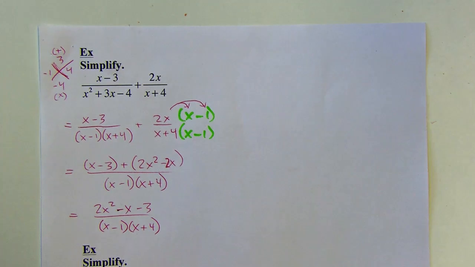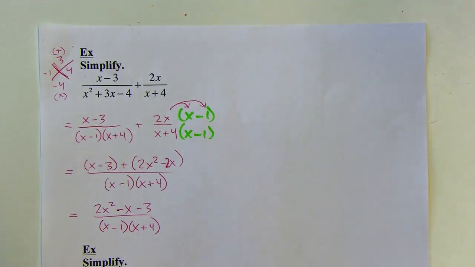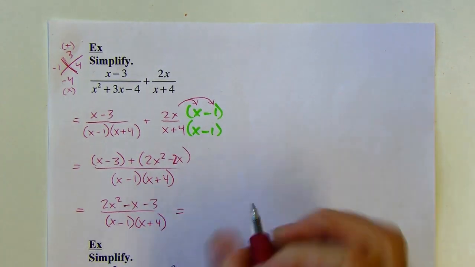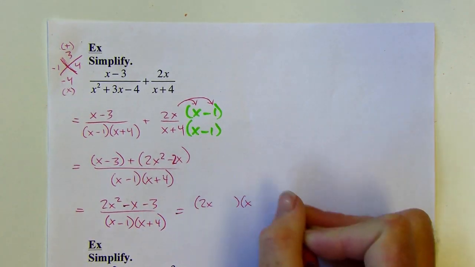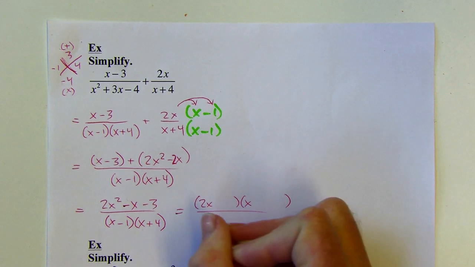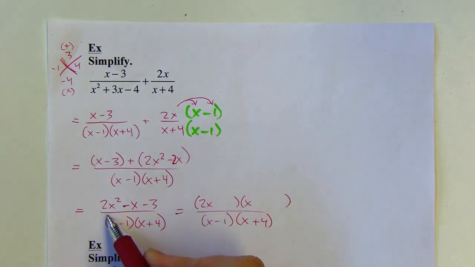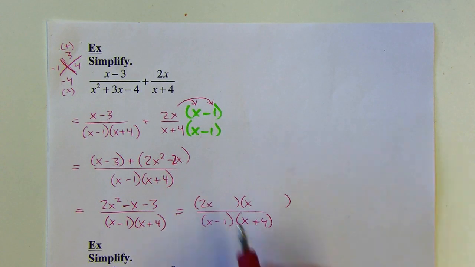Okay, so I still should factor the numerator because it's possible that I'll be able to do some canceling. Okay, you could do a modified diamond problem. I'm just going to do this by hand. I'm thinking, well, I know those are going to be my firsts, right? In order to get 2x squared. And then to get 3, it's going to have to be a 1 and a 3, or a 3 and a 1.